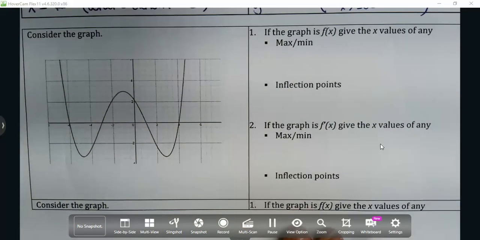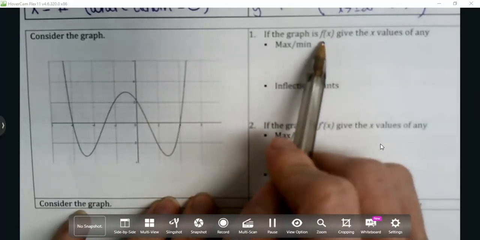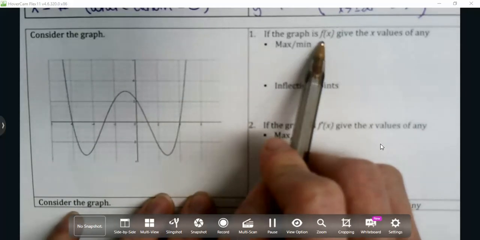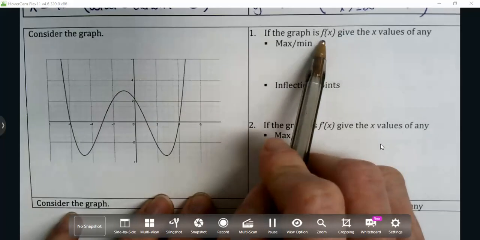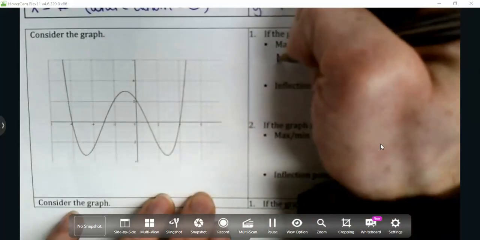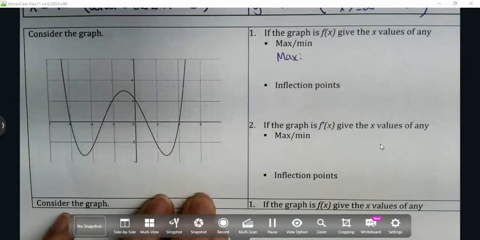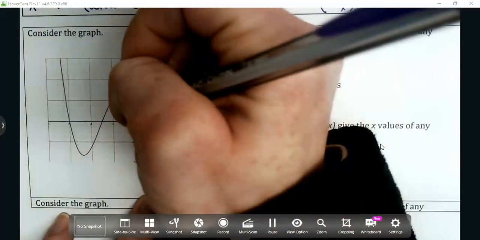All right. So, if this graph is f of x, so this is the original function, can you tell me the x values of any maximums and minimums? So, if this is the original, where do we have a max? -1.